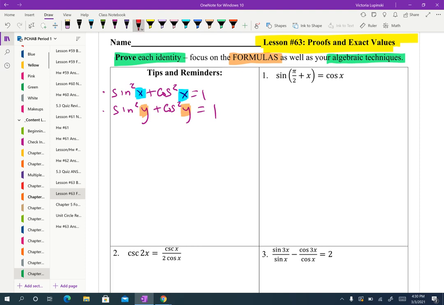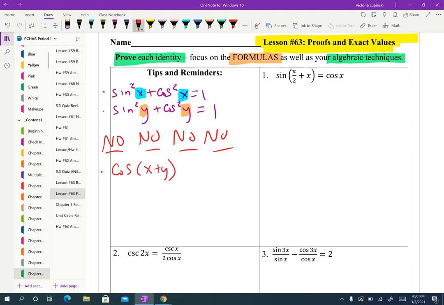In addition to kind of pointing out a couple things you should watch out for, I want to point out a couple of things that you should not do. These are some common mistakes that I would like you to try to avoid. The most common one and the most important one being the cosine of x plus y.